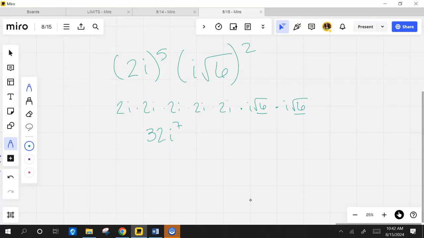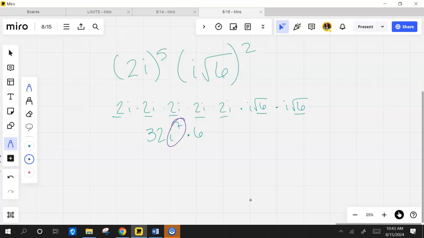What's the square root of 6 times the square root of 6? Which is... Is it? I don't know. Is it? Tell me. And what is i to the 3rd? Negative i.